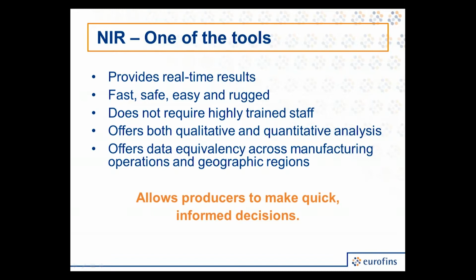NIR can be used for quantitative analysis or determination of property concentrations, and also qualitative analysis or identification of raw materials, intermediate and finished products, and also for process control. With a chemometrician developing and managing algorithms behind the scenes, the near-infrared instrument does not require a skilled technician to scan the samples. And with a cloud-based system, near-infrared offers data equivalency across manufacturing operations and across different geographical regions.